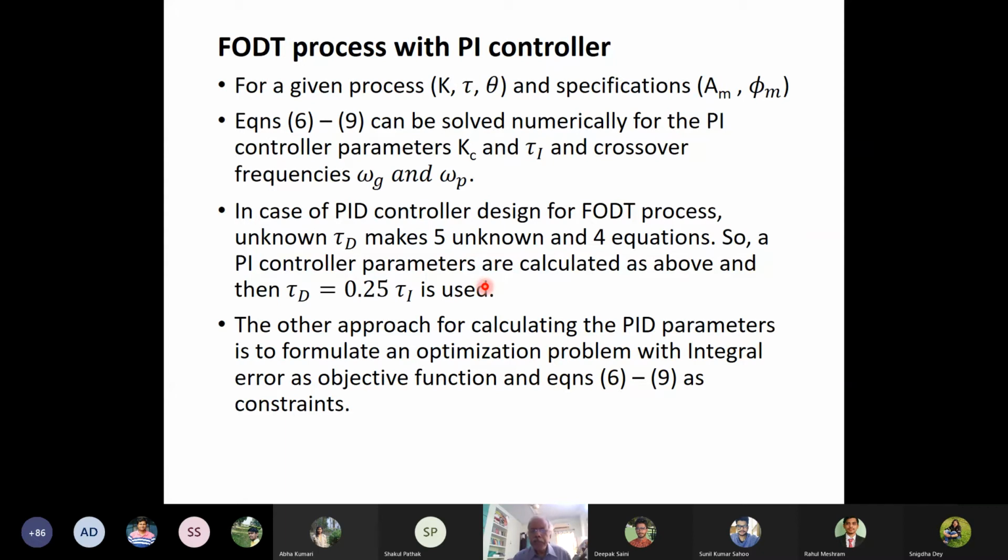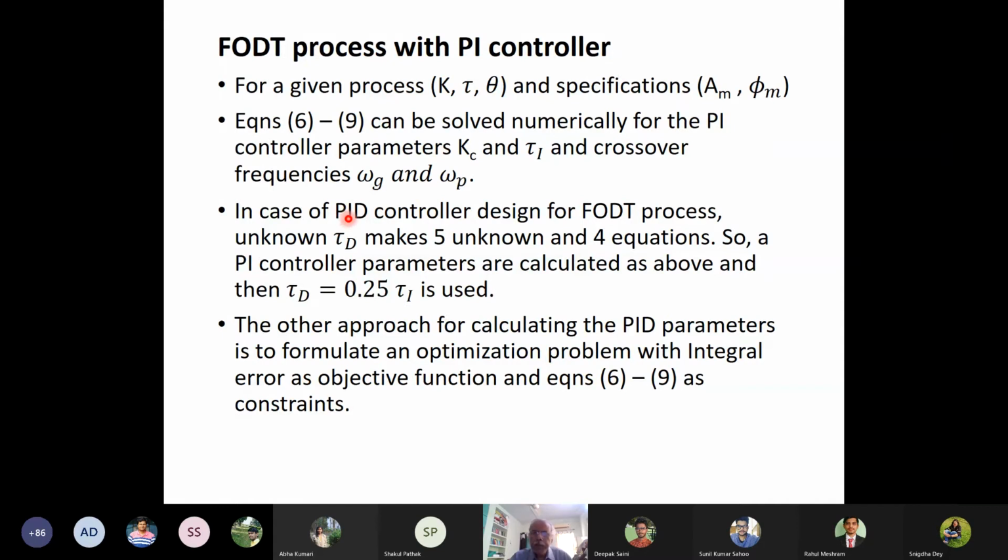The other approach is we can use an optimization technique. Here the other approach for calculating the PID parameter is to formulate an optimization problem. Say we get tau d as a relationship, 0.25 tau I. Then we get the PID equations.